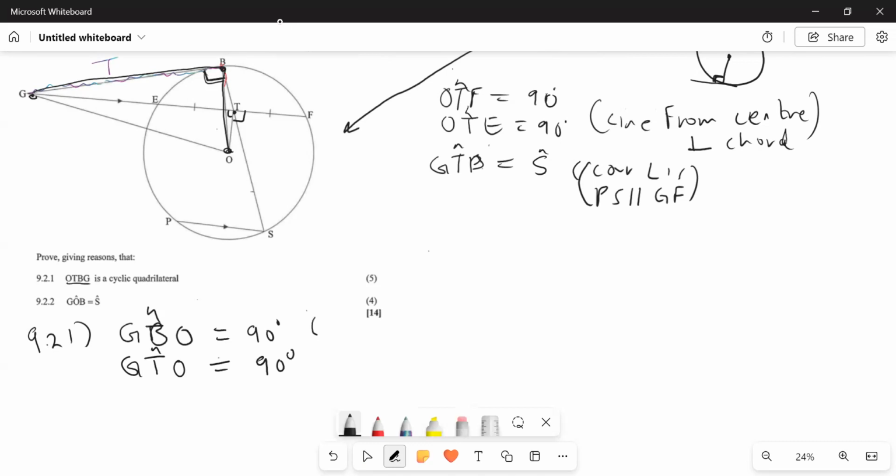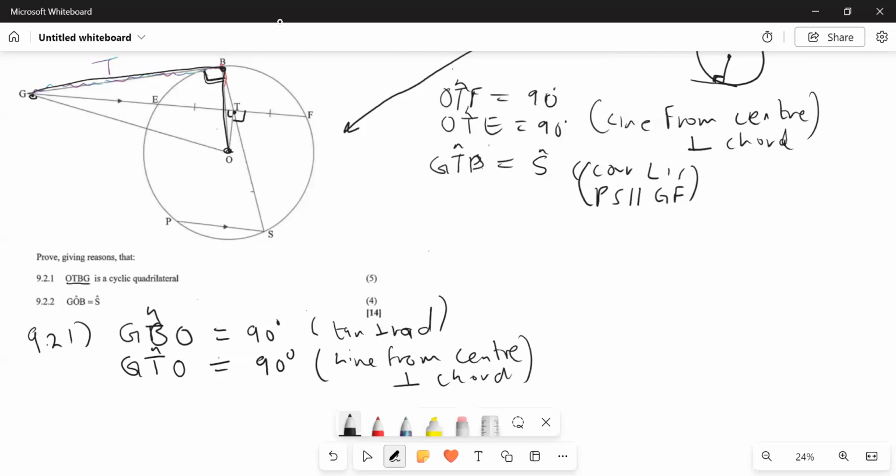The reason here is tangent perpendicular to radius. And then the reason here is line from center perpendicular to chord, right?